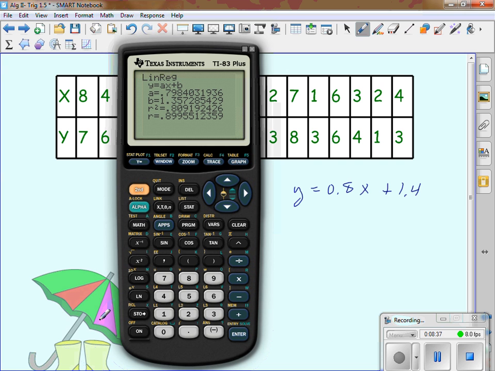It tells me the equation that will pass through all of those points. What is my correlation here? What's my number? 0.9. It has a strong positive correlation. R is your correlation. Questions?